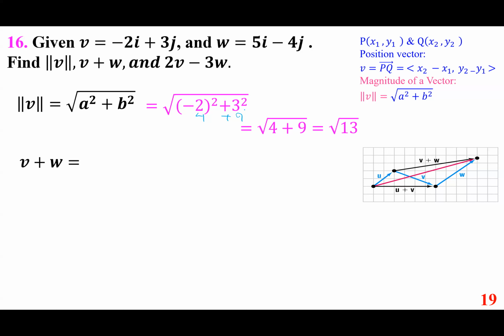We want the sum of the two, so just add up the components accordingly. Basically, negative 2i and 5i gives us 3i. Positive 3j and negative 4j gives us minus j. That's all we have to do.